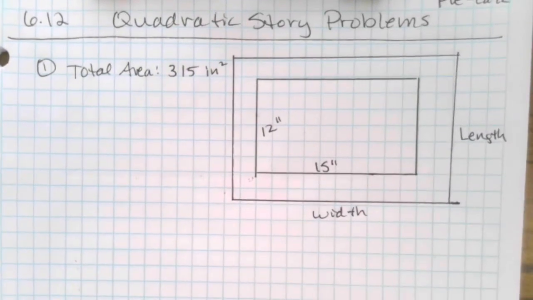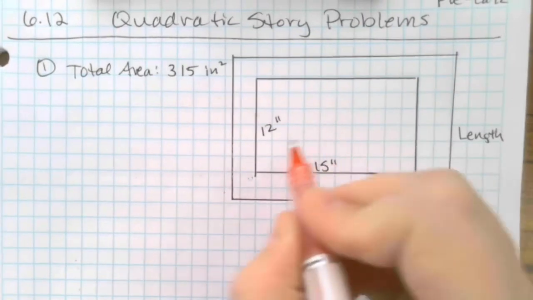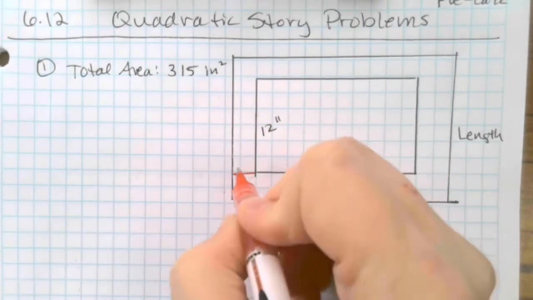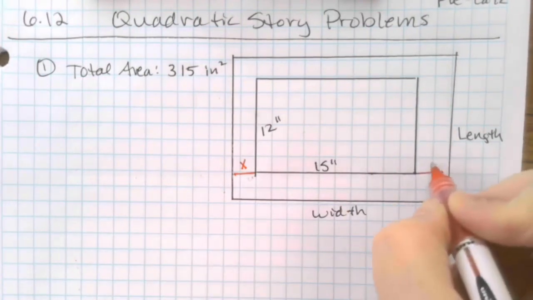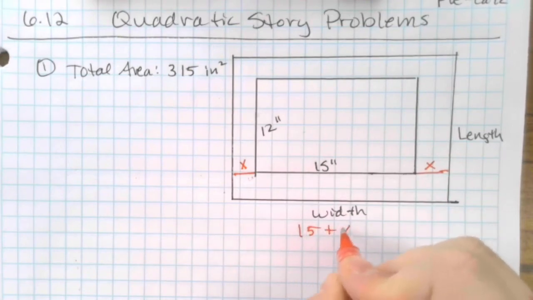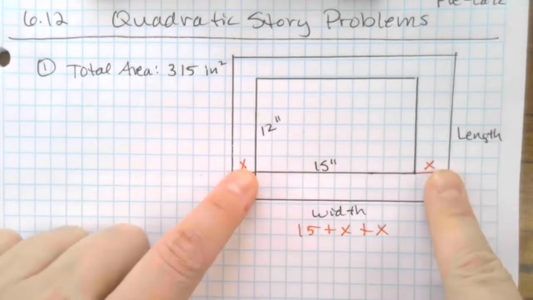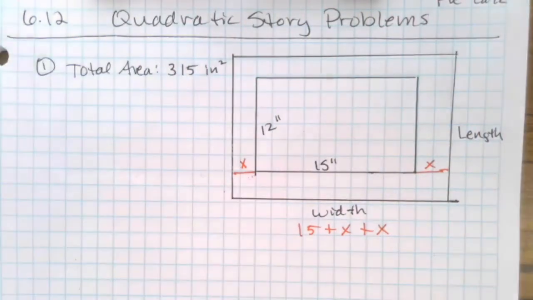Okay, so here's the trick to doing frame questions. The trick is that the width of the frame not just adds on to one side, but it adds on to both. For example, if I'm looking at width, I'll have 15 inches, and I'll have a little bit of frame here. We'll call that X inches wide. But I have a little frame over here too. So actually the width is 15 plus 2x, because the total width will include two pieces of frame.